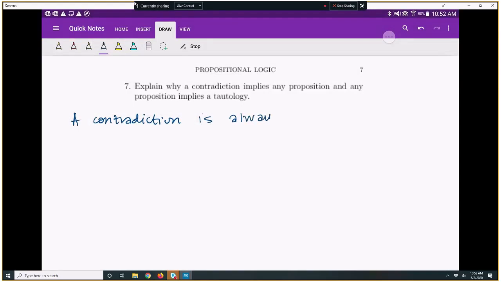Or, in other words, if we have a contradiction in our truth table, its entire column will be capital F, capital F, capital F. And we know that false implying true is true, and false implying false is true.